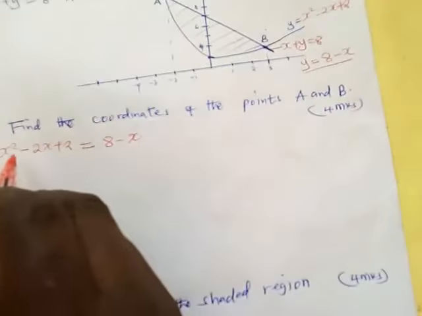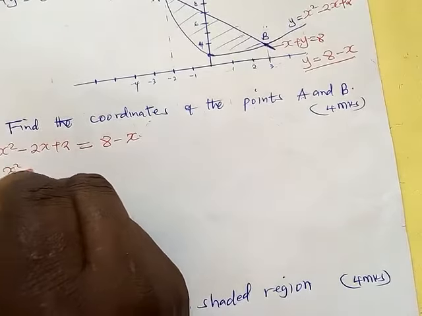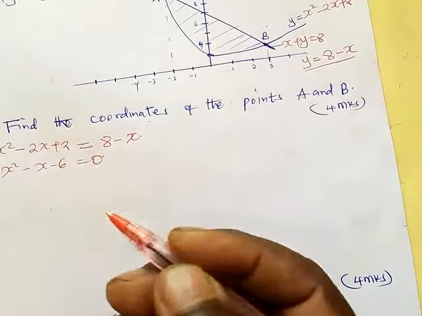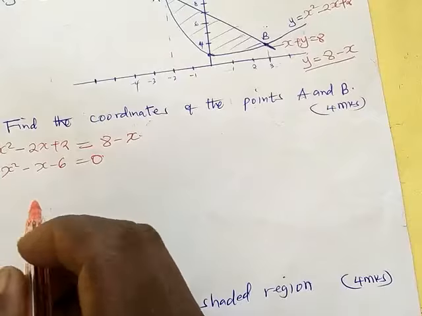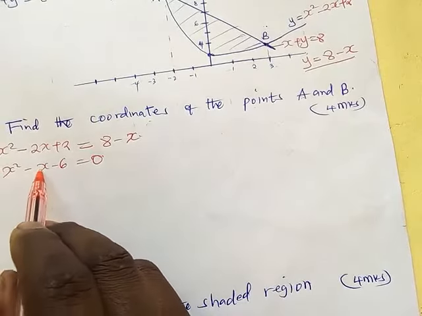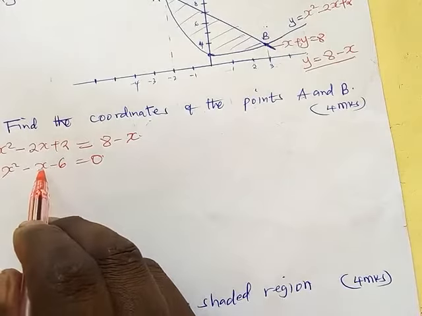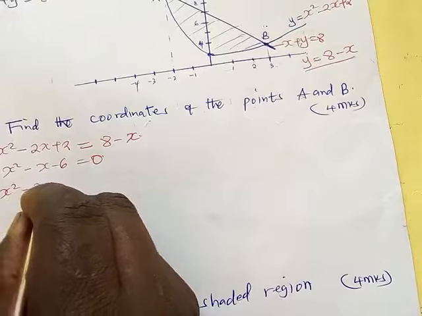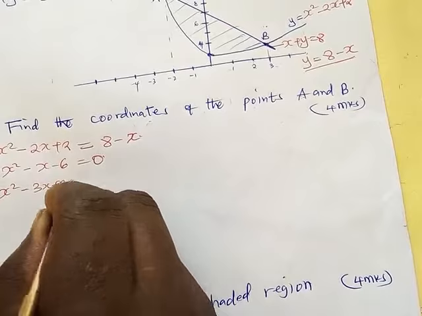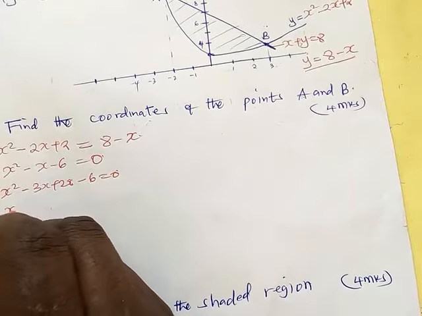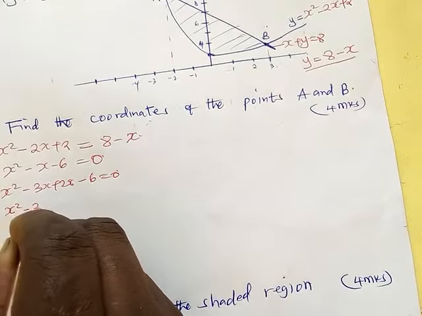Like terms together: x squared minus x minus 6 equal to 0. We are collecting like terms together. So we want to look for the two factors which will give us the roots. That's x squared minus 3x plus 2x minus 6 equal to 0.